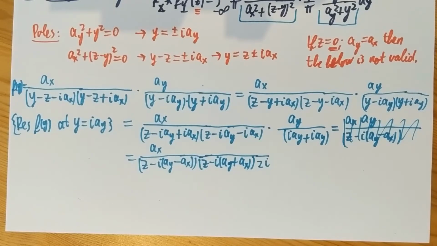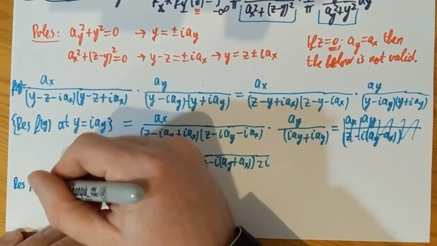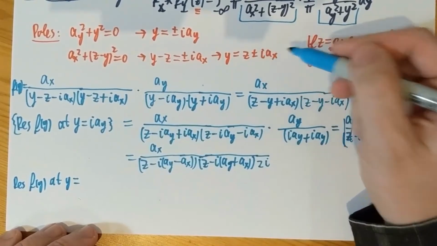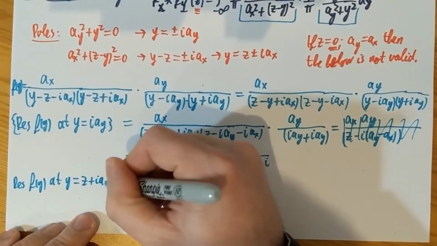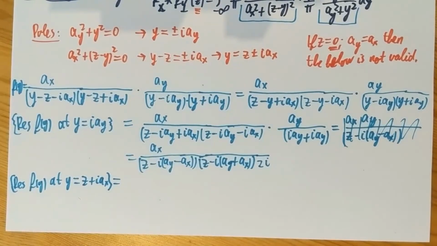Now for the second one, let's do the residue of f_y at the other pole, namely z plus iAx. Okay. What is this? Well, the idea is pretty much the same. I am going to use this first form of it. It's going to be a little bit simpler.